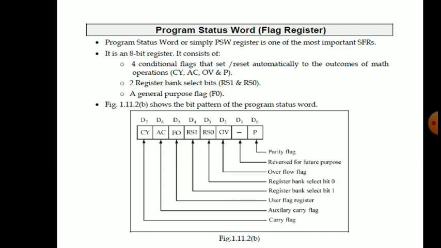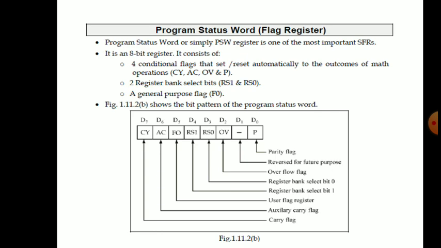Okay, so now we are going to look at the PSW register, program status word. This is an important register. This is one of the important registers in the case of the 8051 controller. Program status word, or simply PSW register, is one of the most important SFRs.